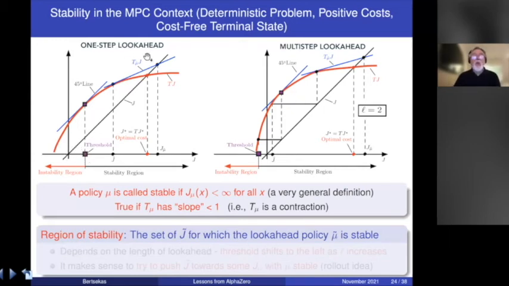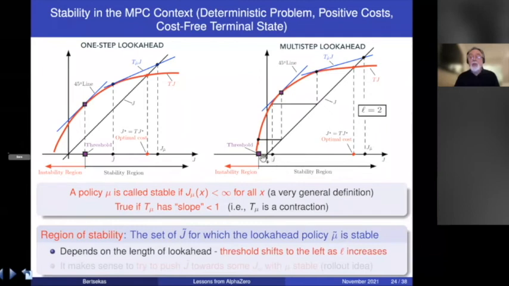Now, this is for one-step look ahead. For multi-step look ahead, multi-step look ahead tends to push J tilde into the stable region. Now, remember that multi-step look ahead amounts to some value iterations and then taking the Newton step. So this gives you an example of a two-step look ahead.